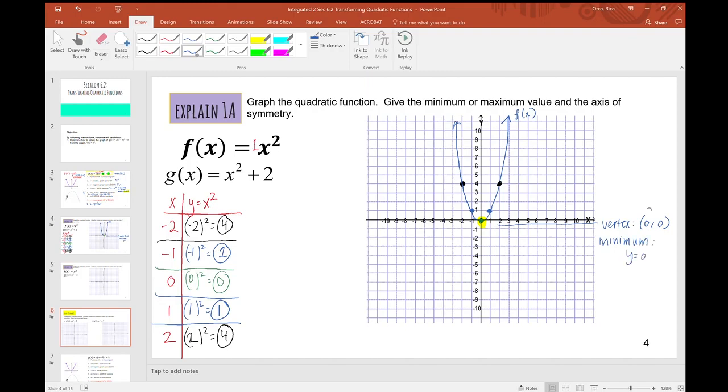It's always the y value of the vertex. So my minimum is at y equals 0. And the axis of symmetry is going to be the line that cuts our parabola in half. My axis of symmetry is at x equals 0.